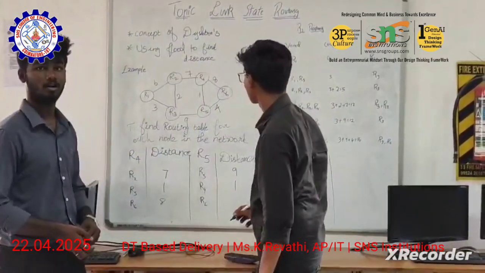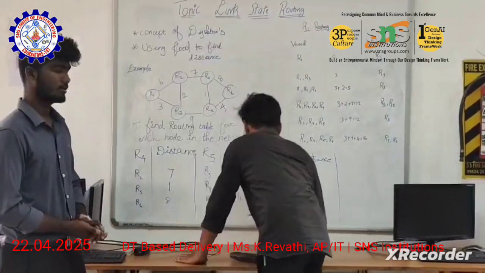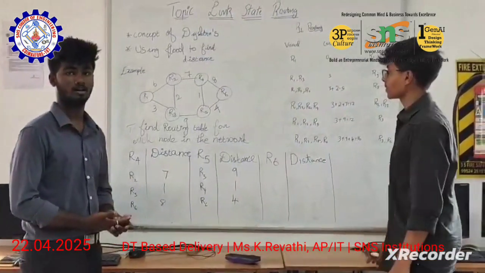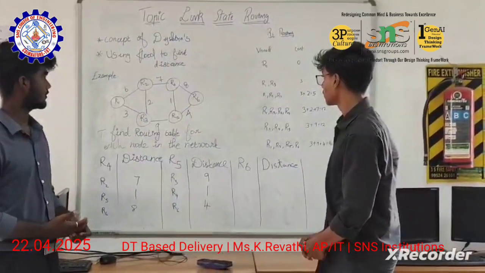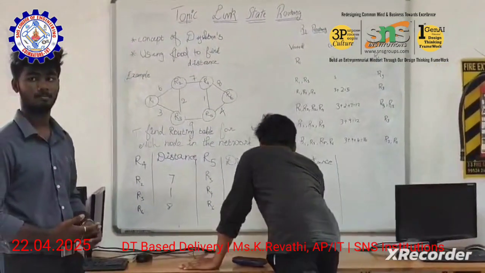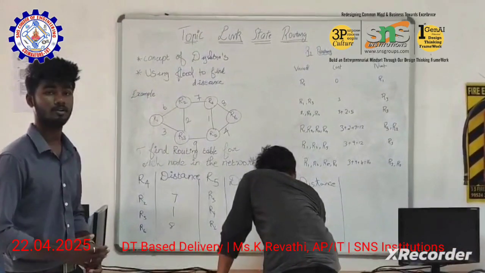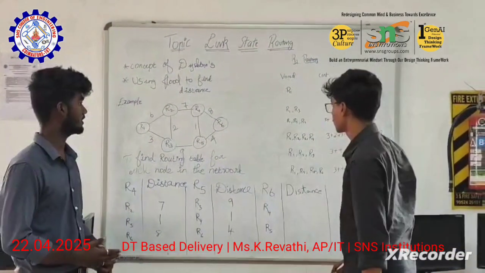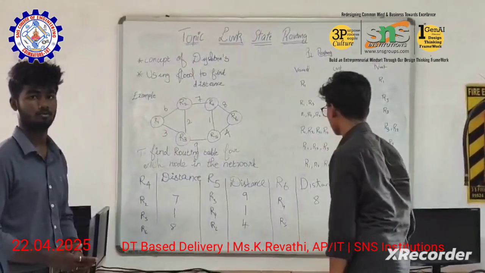The distance between R5 and R6 is 4. Now let's take the root node as R6. The adjacents of R6 are R4 and R5. The distance between R6 and R4 is 8. And the distance between R6 and R5 is 4.